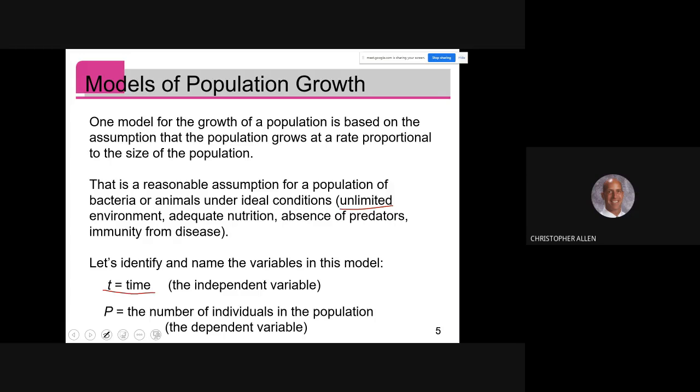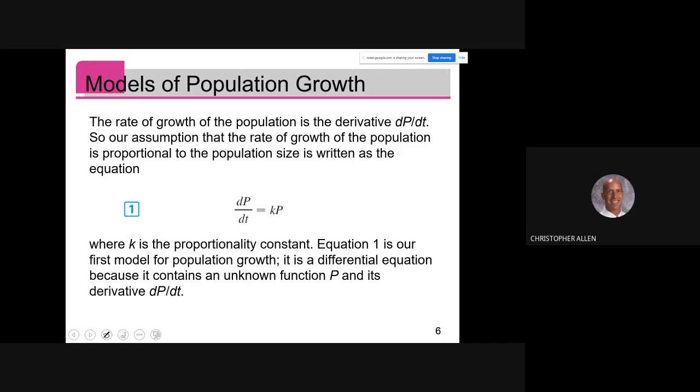We're going to let t equal time, and then we're going to let p represent the population of, let's just say, bacteria. So the rate of growth of a population is the derivative dp/dt. This is the derivative of the population curve with respect to time.